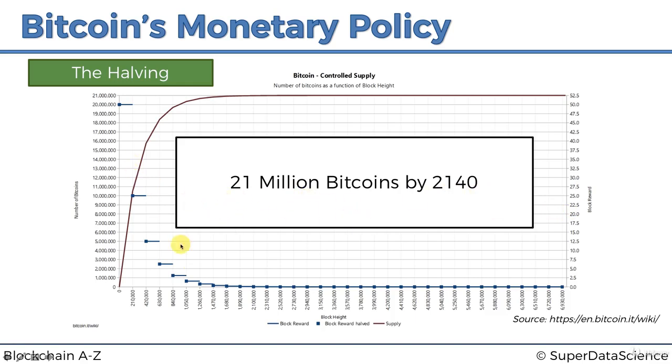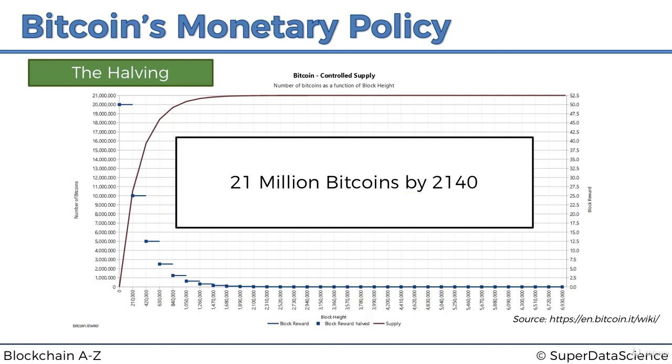So theoretically it could keep halving until infinity, but because there is a certain number of decimal points that a Bitcoin can handle, the final block reward, the final bitcoins released into the system in this manner will be in 2140, and the total number of bitcoins in circulation ever will be 21 million bitcoins.